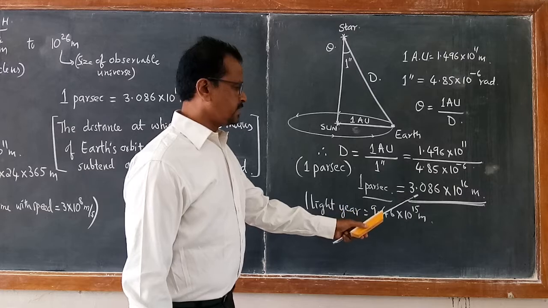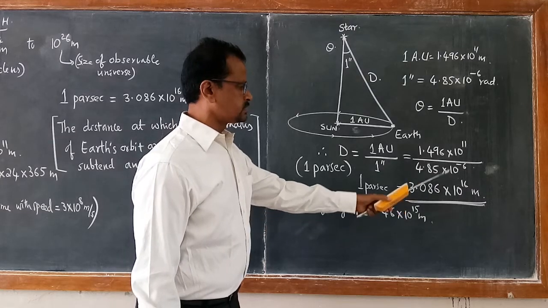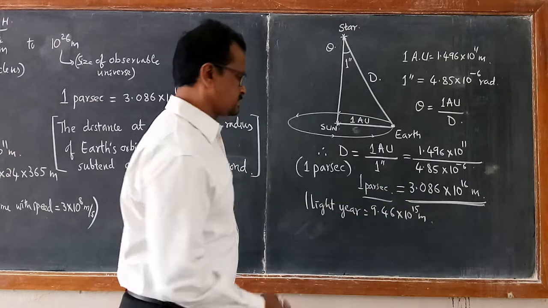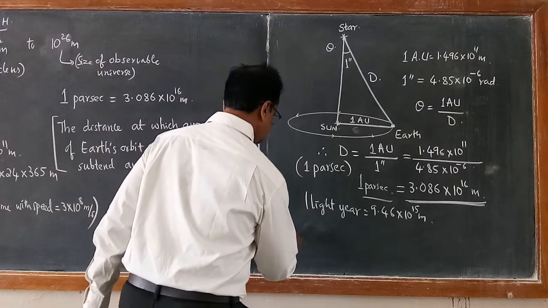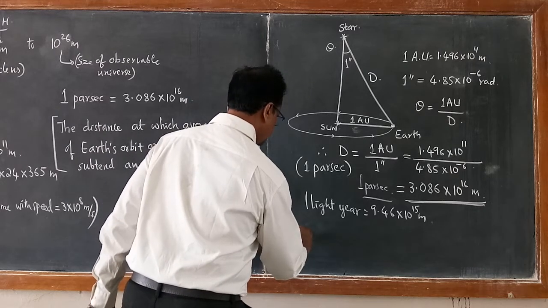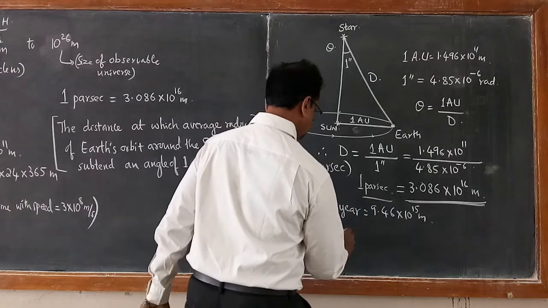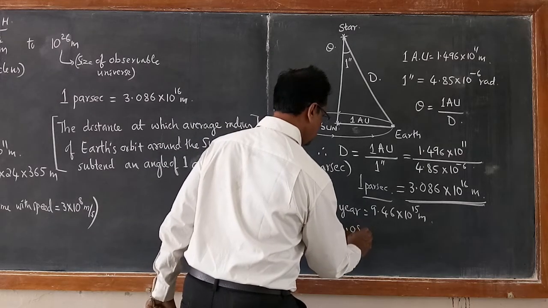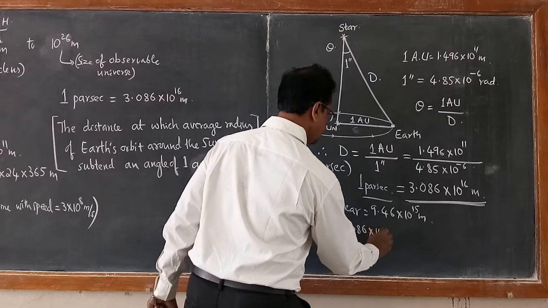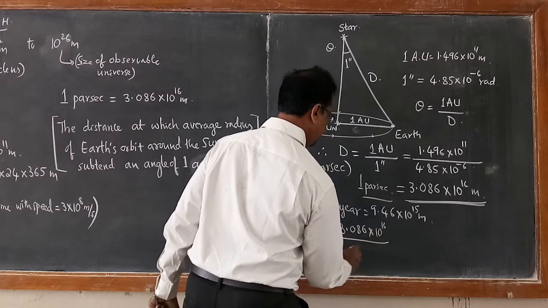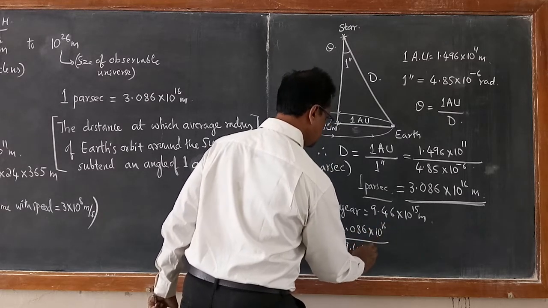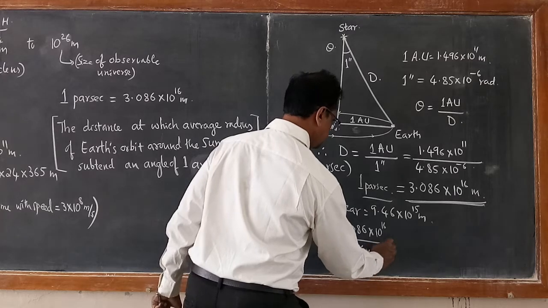Therefore, 3.086 into 10 raised to 16 meter corresponds to how many light years? Therefore, 1 parsec is equal to 3.086 into 10 raised to 16 divided by 9.46 into 10 raised to 15.